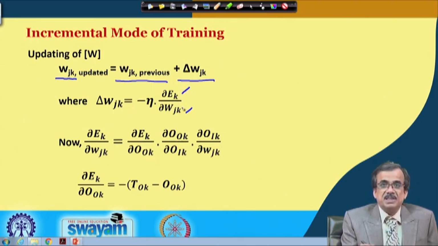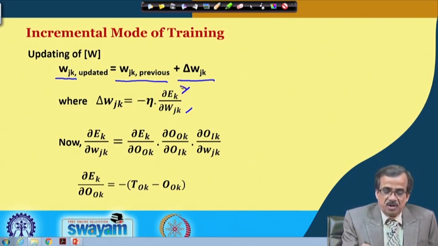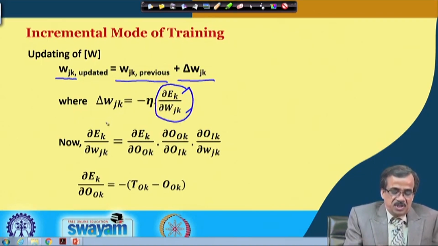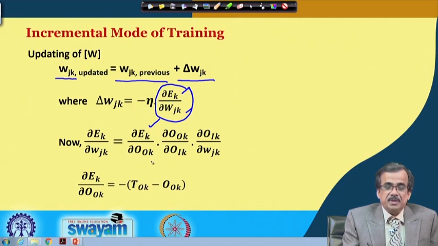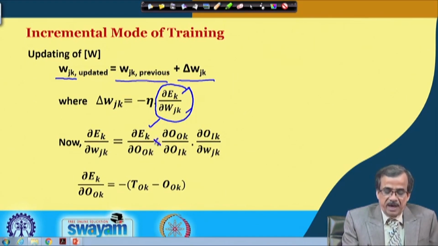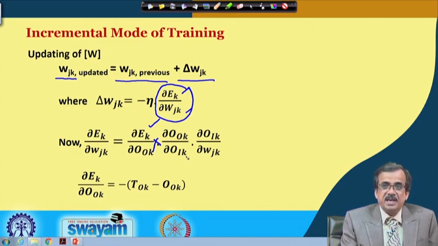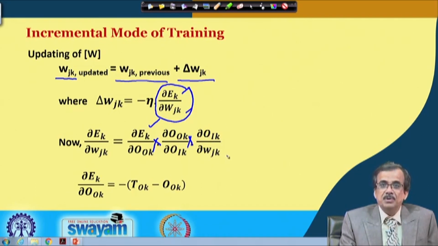So, this partial differentiation, that is del Ek del Wjk. Now, this del Ek del Wjk is nothing but del Ek del Ook, that means the rate of change of Ek with respect to Ook, multiplied by the partial derivative of Ook with respect to Oik, multiplied by the partial derivative of Oik with respect to Wjk.